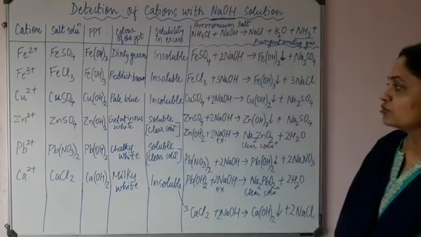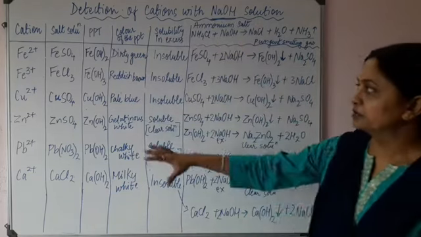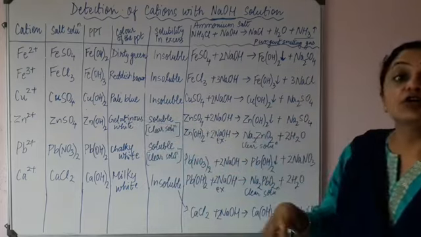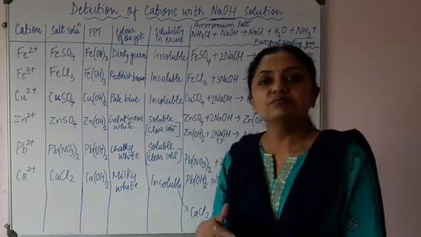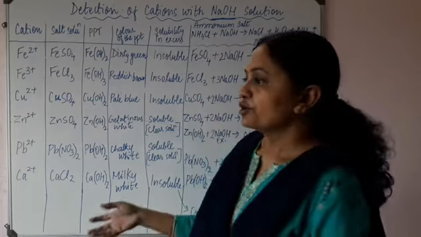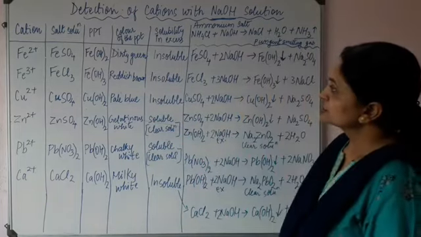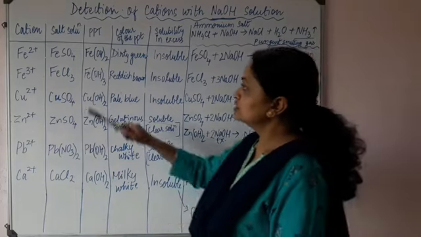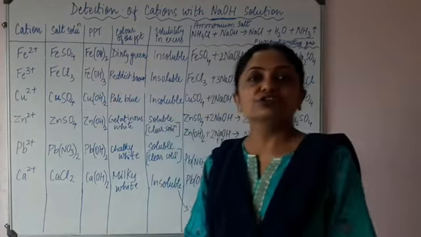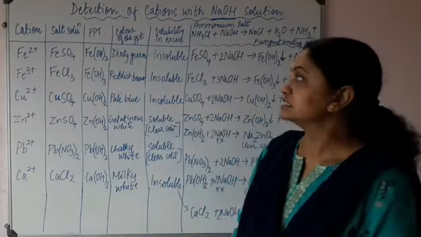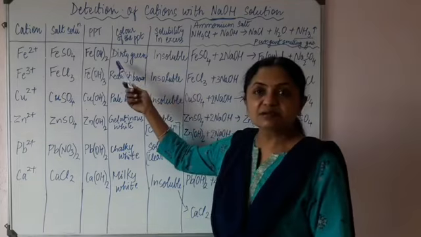So here what you have to remember is the table, reactions and the observations. Here main part is the observation, so you can remember how to write observation. So when we will say to the salt solution on adding sodium hydroxide in little, if you get dirty green precipitate is formed.